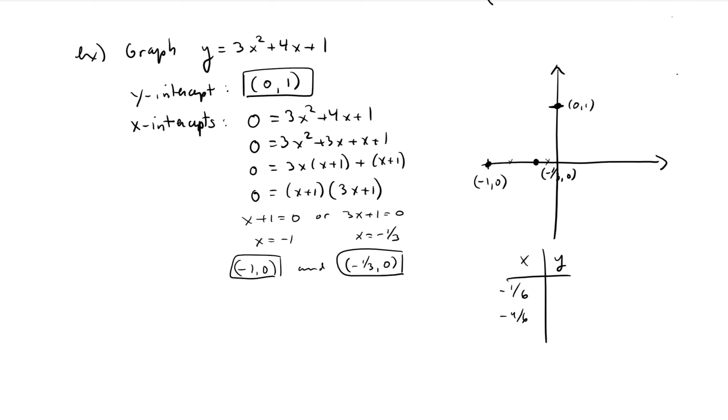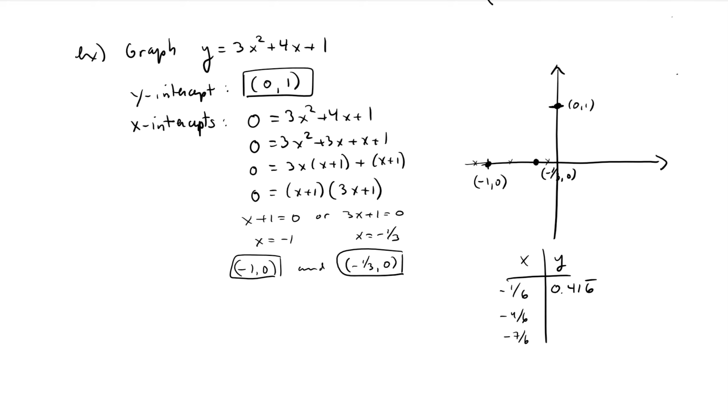It's right here, and minus 7/6, which is just a little bit after minus 1. So over here, and I calculated the y values. So you replace in this equation here, right? In this equation, you replace x by minus 1/6, minus 4/6, minus 7/6, and you calculate the y values.